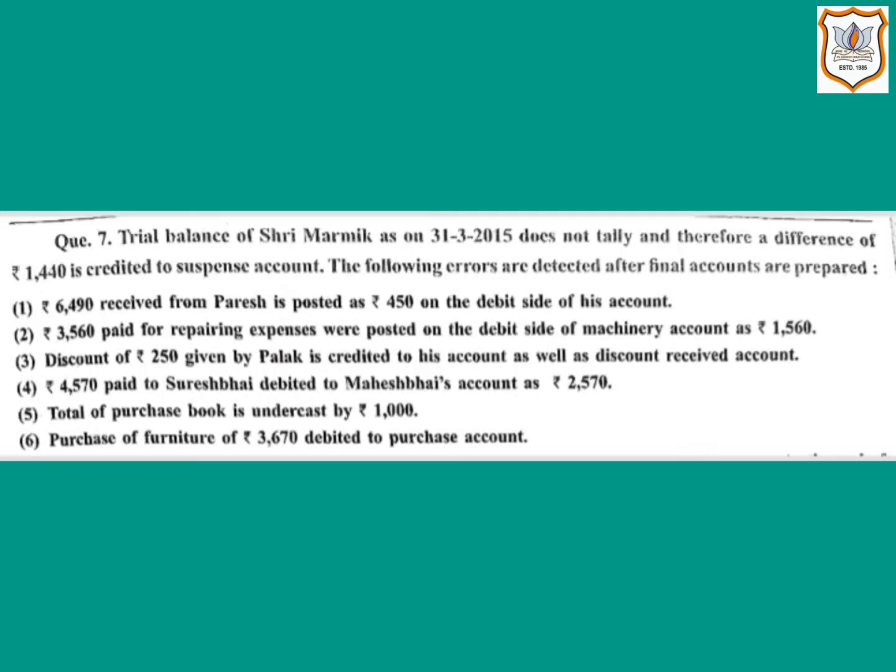Suspense account is used for rectifying all one-sided errors, that is, the errors which affect the trial balance, by passing their double entry in the debit side or credit side of the suspense account. Errors that do not affect the trial balance are not rectified with the help of a suspense account.